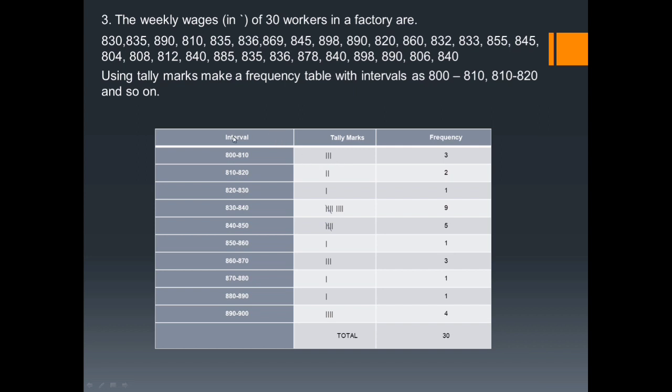Here is the answer. Class interval is, here we have from the one who is getting the very less pay, 804. So we can start from 800 to 810, then 810 to 820, then 820 to 830, 830 to 840. Like that we can count up to 900.